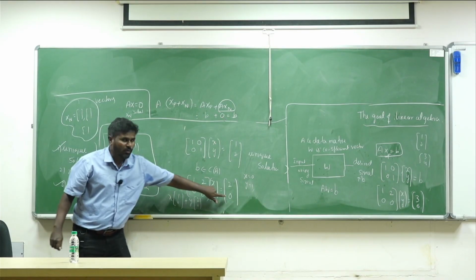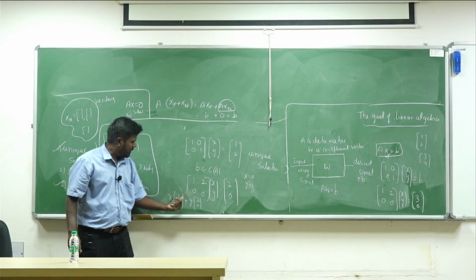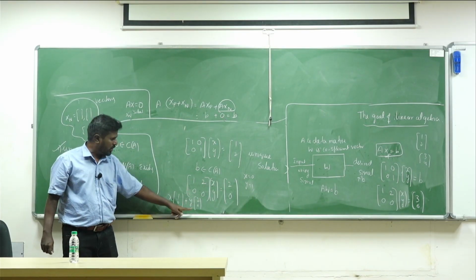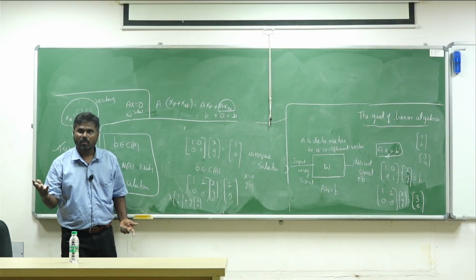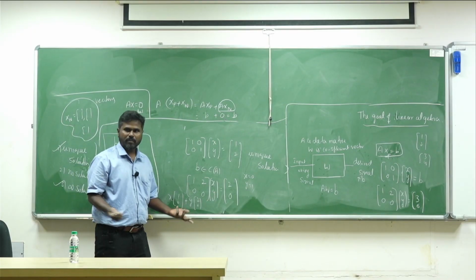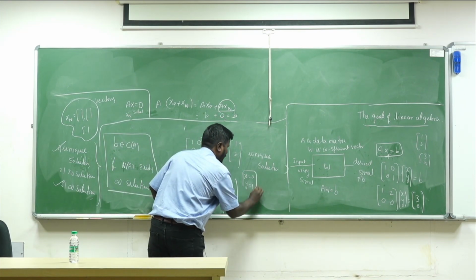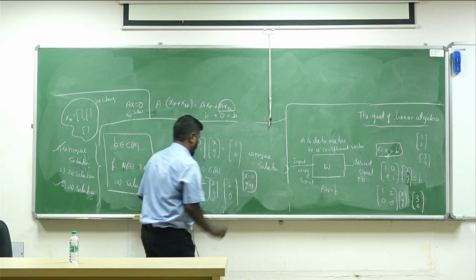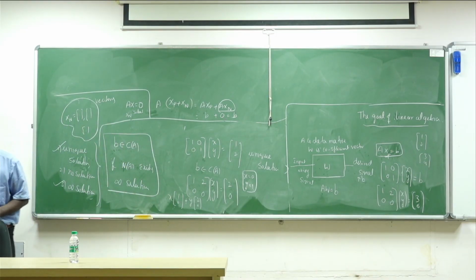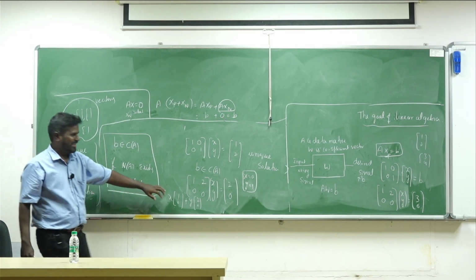If you want to get the b on the other side, your x must be 0 and y must be 1. So this is my solution: x is 0 and y equal to 1. Is that fine? That is a solution, right?